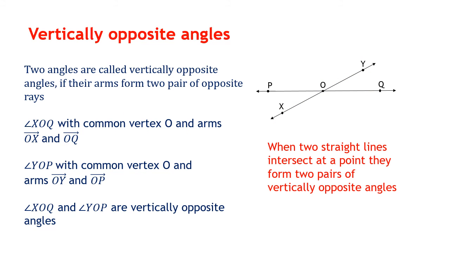Similarly, we'll have XOQ and YOP are also vertically opposite angles because their common vertex is O, and here OX is opposite to OY. Can you see?